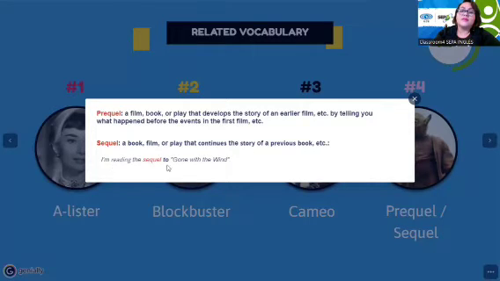I'm reading the sequel to Gone with the Wind. Again, a prequel tells you what happened before the events in the first film. A sequel continues the story of a previous book.